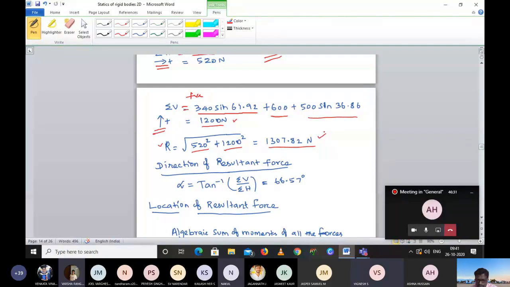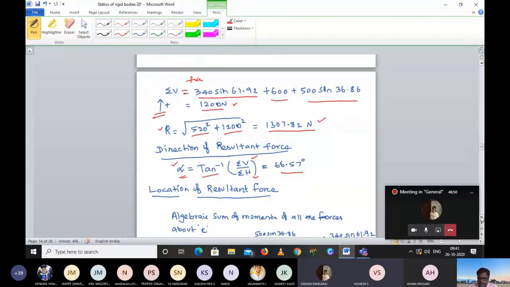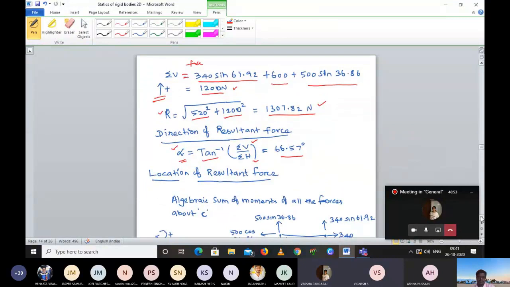Okay, fine. So after that, you have to calculate the direction of the resultant. So alpha. We have already come across tan inverse of vertical component by horizontal component. Soban, are you there? Are you watching the videos? Are you clear about these concepts? Yes, sir, I'm clear.